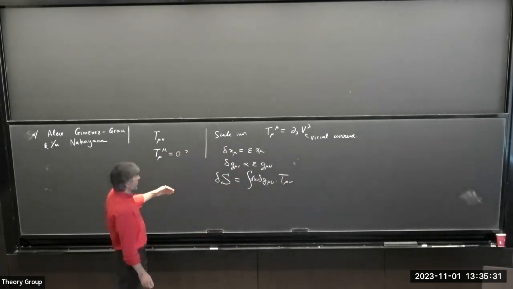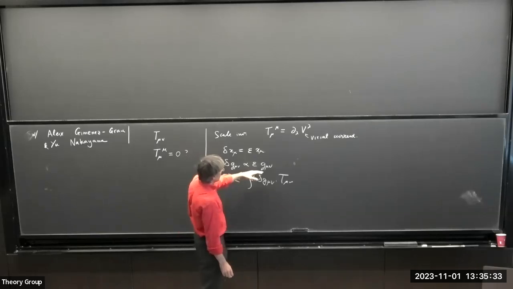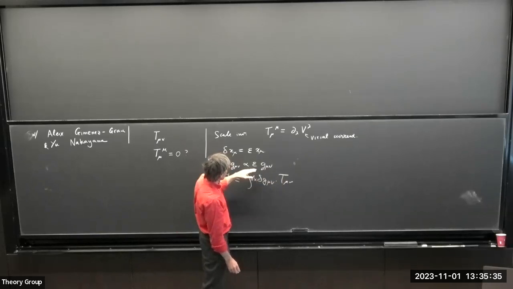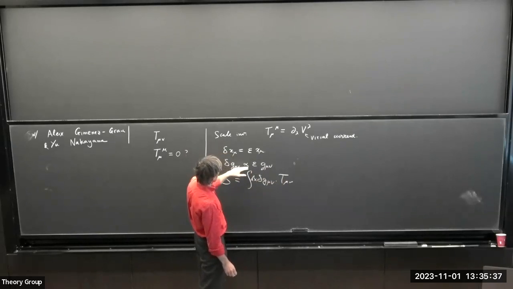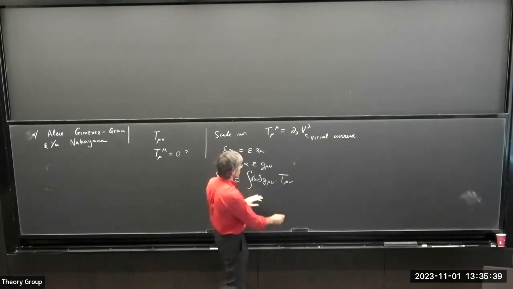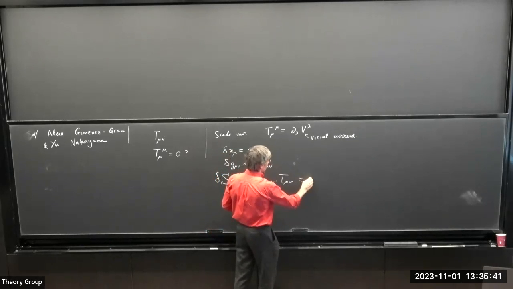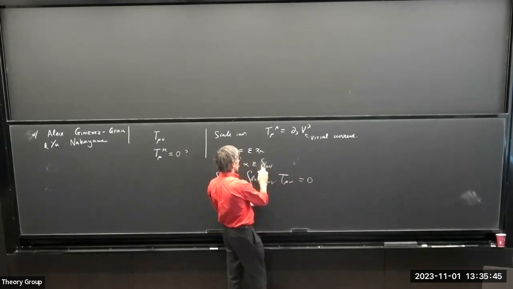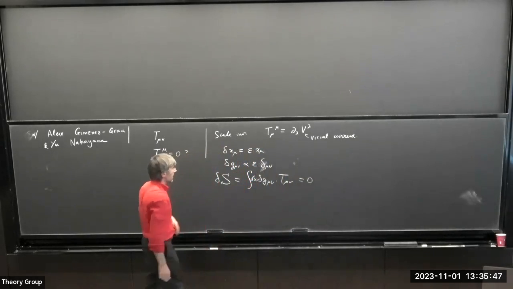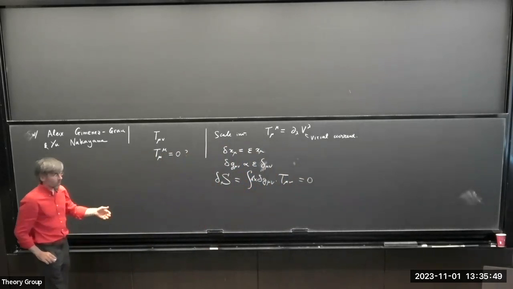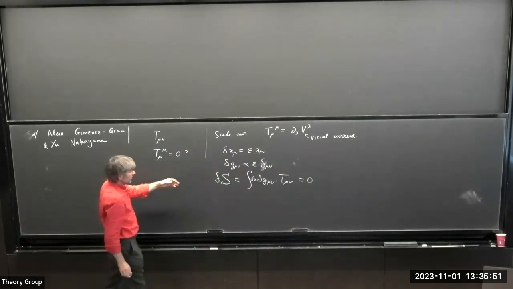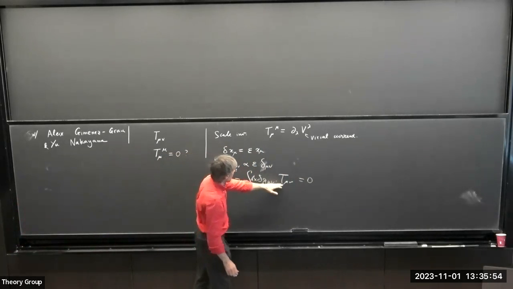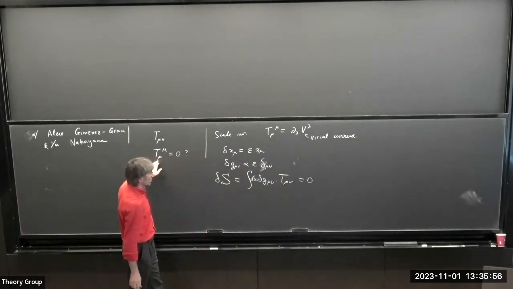Now, if the stress tensor is traceless and the change of the metric is proportional to g mu nu, then this is equal to 0. I'm working in flat space, so the original metric is flat. So it is 0 if T mu mu is equal to 0.